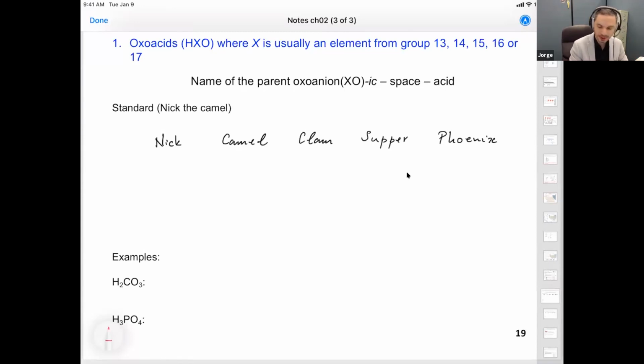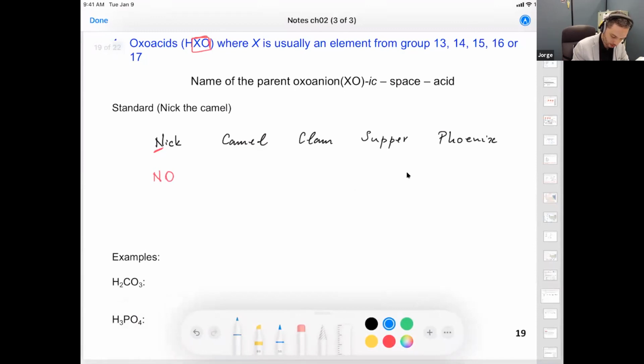Okay, so always try to use the Nick the Camel to remember. So the first letter here is going to be the first element. This element is always going to be followed by oxygen, because we are looking at this part of the structure. The number of consonants is going to be equal to the number of oxygens in the structure, 1, 2, and 3.